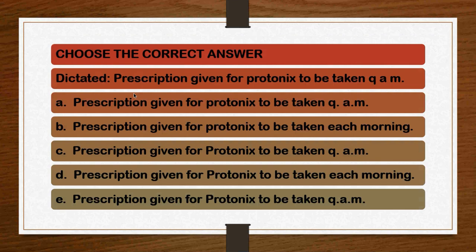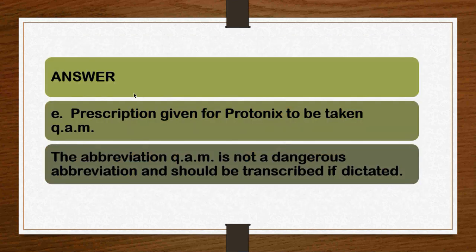It's going to be E. A couple of things. Protonix is name brand, which I think most of y'all knew. But QAM, this is an abbreviation. There is no space between QAM, QPM. It's an abbreviation. It's not a word that follows. It's an abbreviation altogether. So again, if it was Q day, it would be Q space day. If it was Q4, it'd be Q period 4, no space. QAM, though, is just one abbreviation, and it's all together.